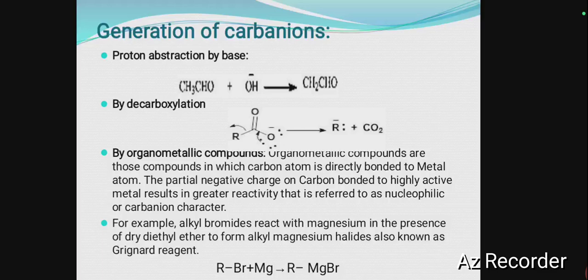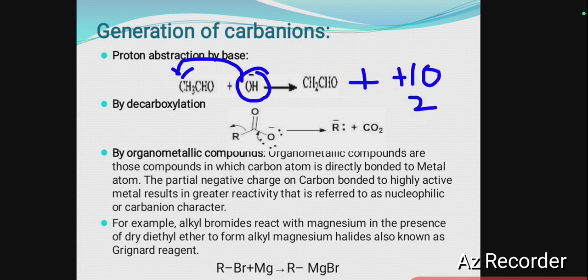When bases like OH minus react with compounds containing beta hydrogens, they abstract the hydrogen, the H plus ion or proton, from the beta carbon atom, and it is eliminated as a water molecule, and the resulting compound has the negative charge on the carbon atom.